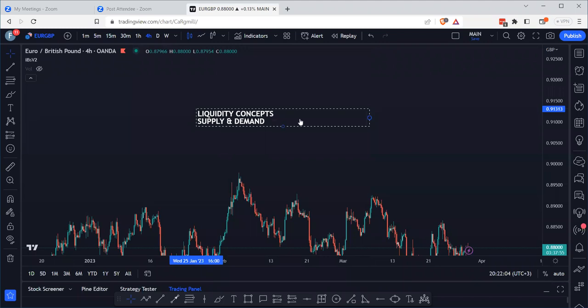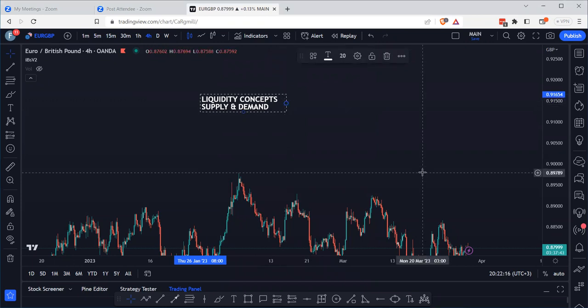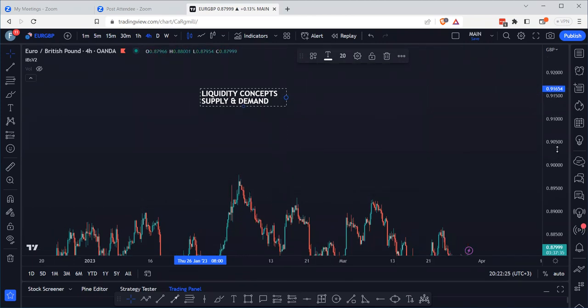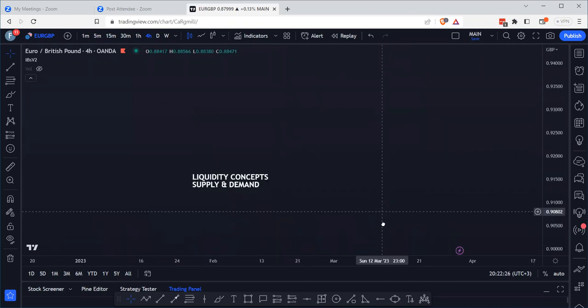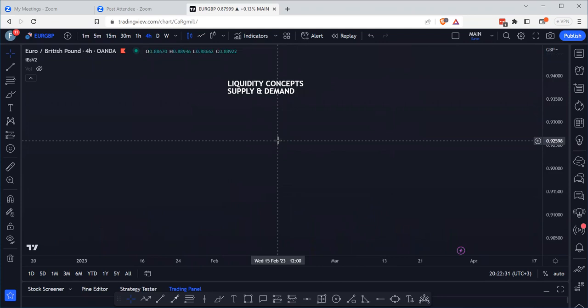In the next 40 minutes to 1 hour, we're going to take a look at these two concepts, why it is important to you to use as a trader, and the effectiveness of these two concepts.